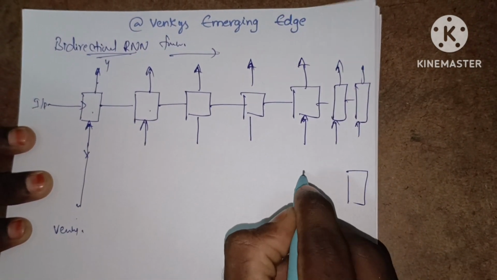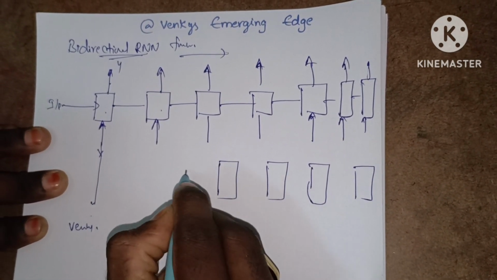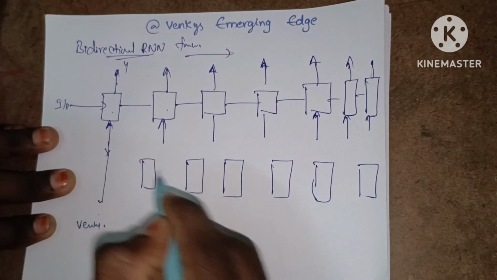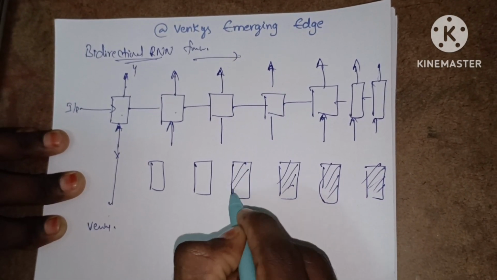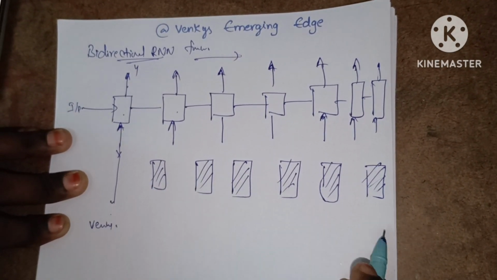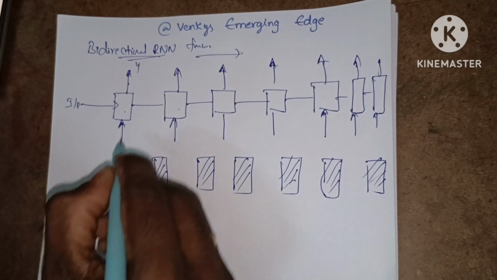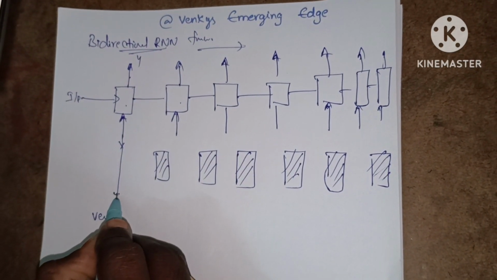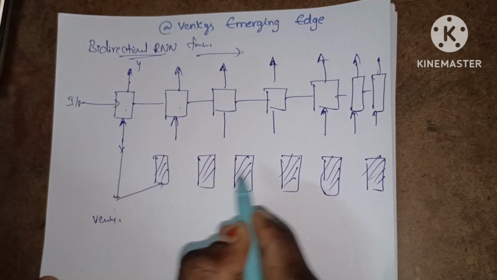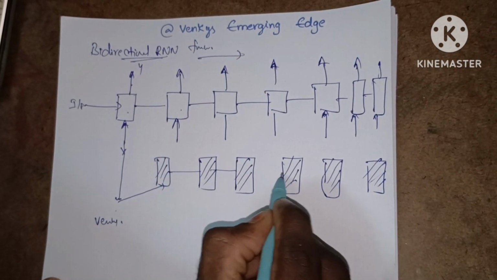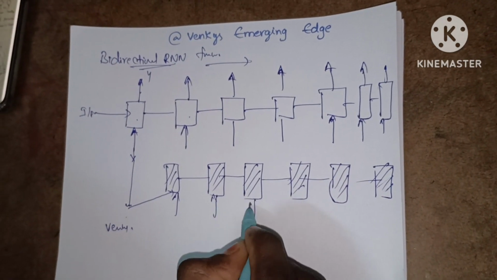Another RNN works in the backward direction. For example, Venki is given as input in one direction. At the same time, the same input Venki is also given to the other RNN architecture. Is it clear?